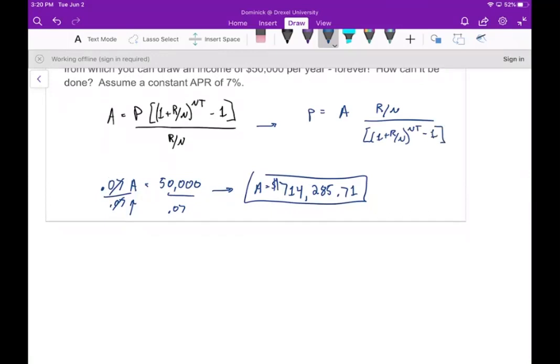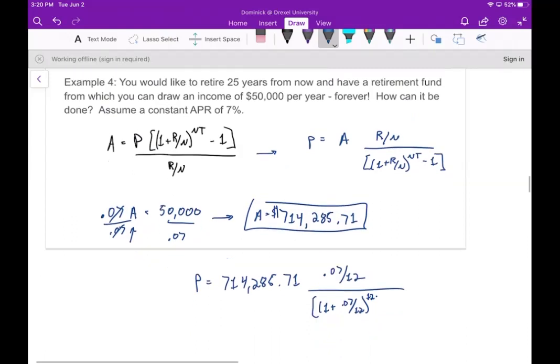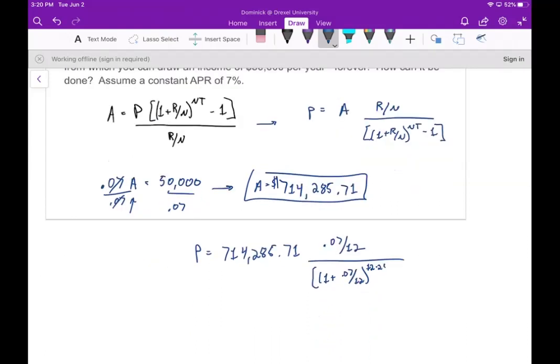So now we have that the payment is $714,285.71 times our interest rate, which is 0.07, divided by 12, and then a 1 plus R, which is 0.07, divided by 12 to the 12 times 25 minus 1. Right, and now we can calculate what we need to put in for 25 years each month in order to end up with this amount.